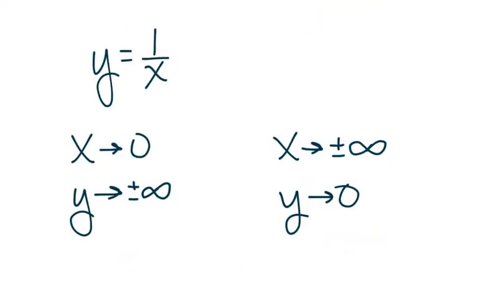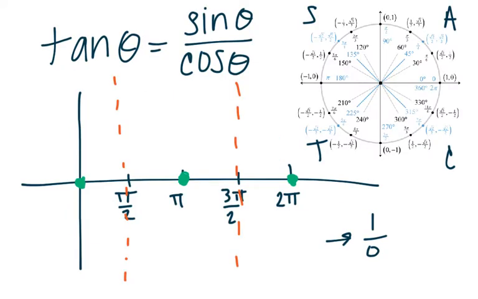And remember, on our limits page, we talked about 1 over 0 meaning we're going off to either positive or negative infinity, and that depends on the sign of our inputs. So our inputs are all positive here because our sine function is positive in the first quadrant and our cosine function is positive in the first quadrant. So as we get close to pi over 2, our tangent function then gets close to positive infinity. So it goes up forever.